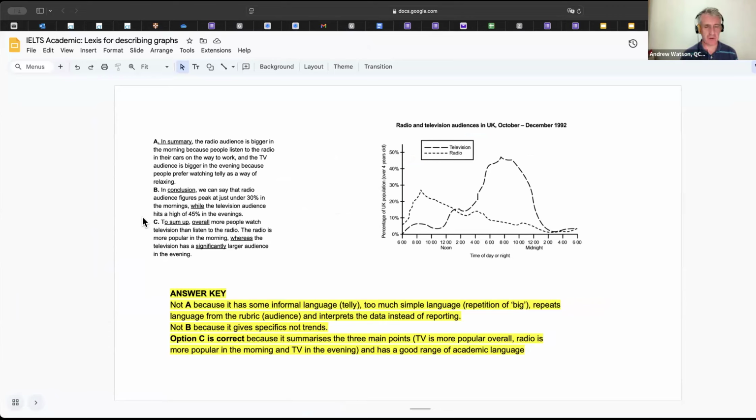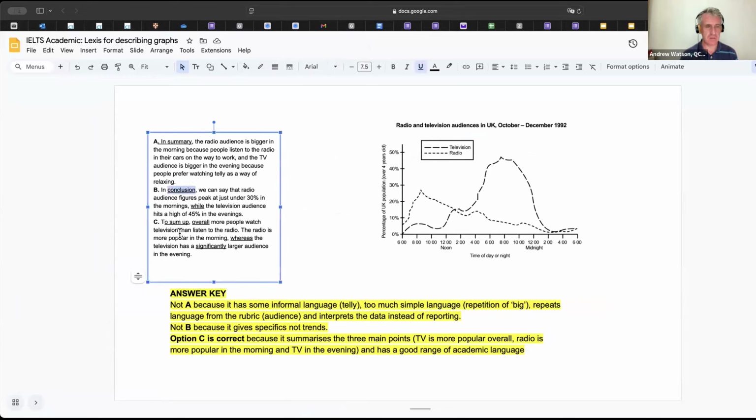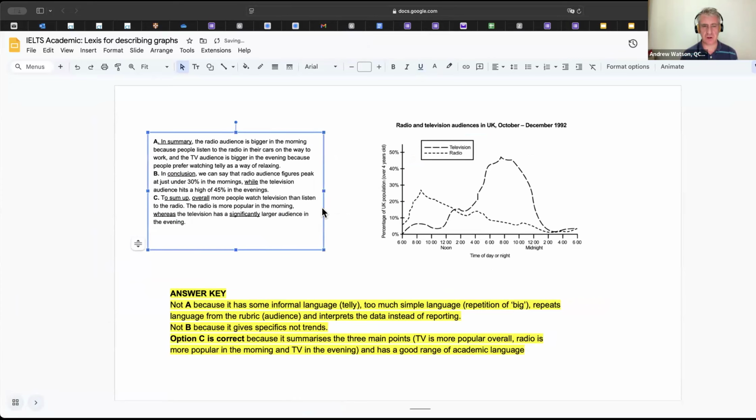You can see that on the underlined words, we could use those in any summary. So to sum up, overall, whereas, significantly, those could be used universally in any summary.